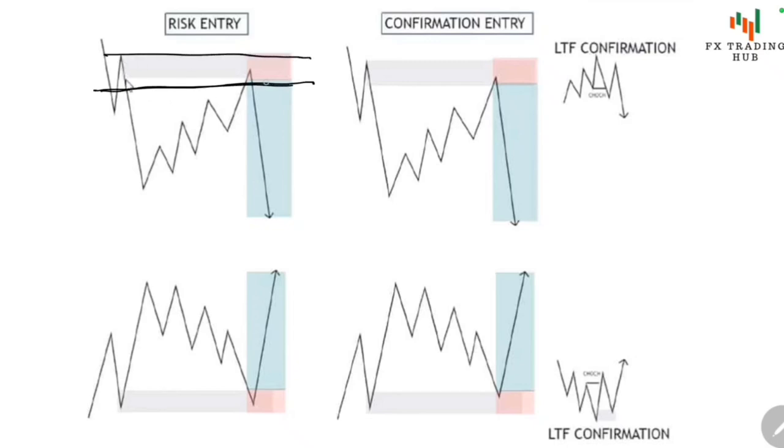You place your sell limit entry here at the proximal line of your zone, and your stop loss a few pips above the zone. In this case, you place your buy limit entry here, hope that the market will reverse, and place your stop loss just a few pips below.